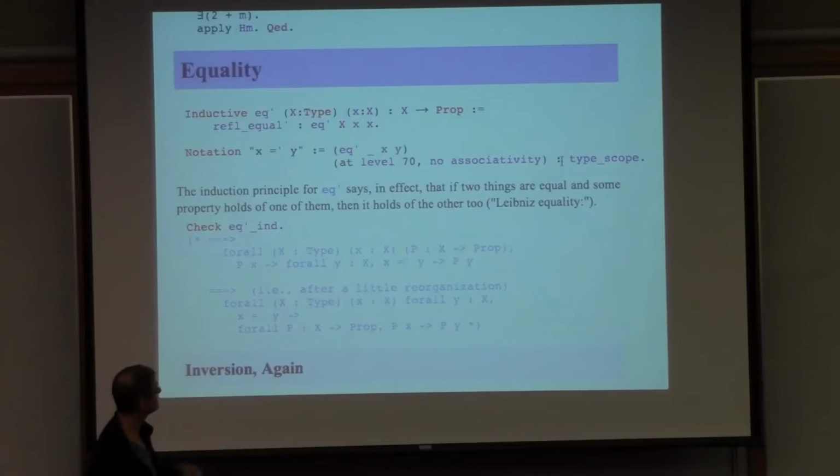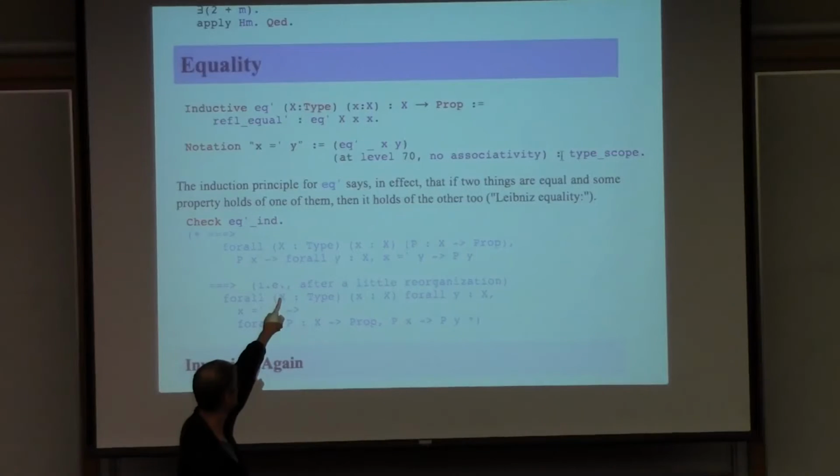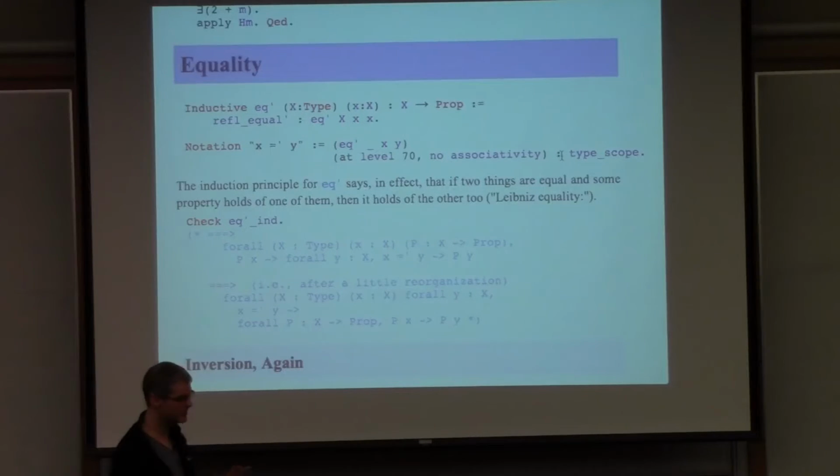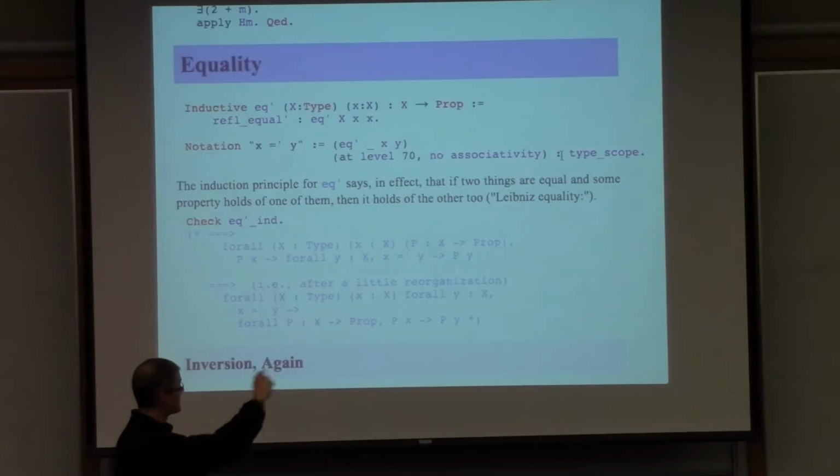The things to the right of the colon, that is the X arrow, is another parameter, right? Because, pedantically speaking, what we're defining here is a family of parameterized propositions of type X arrow prop, parameterized by two more things.